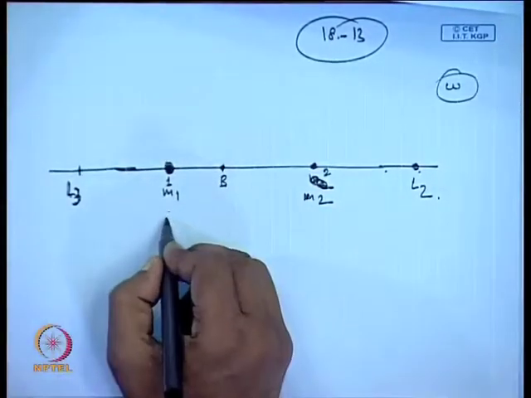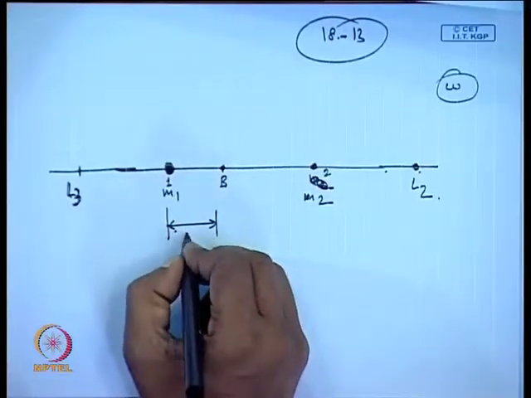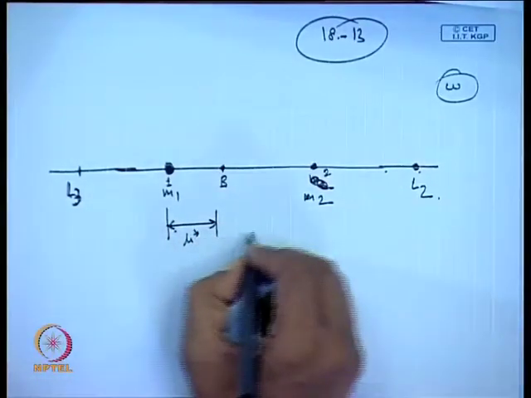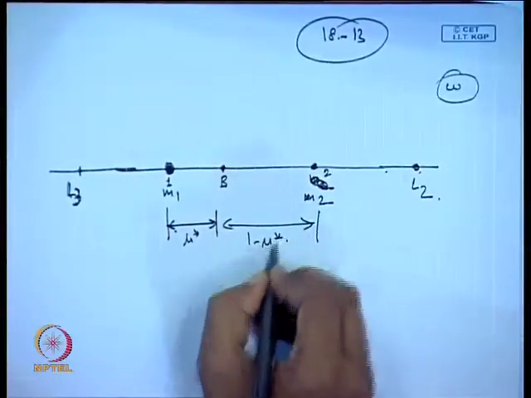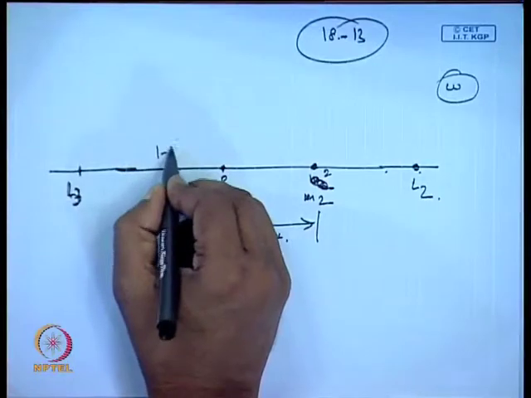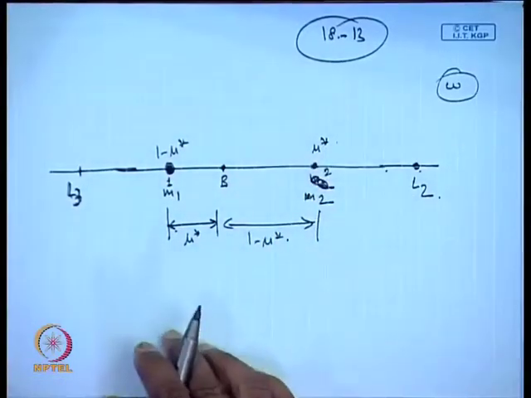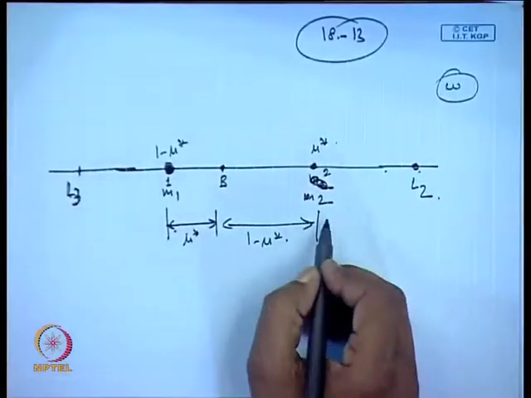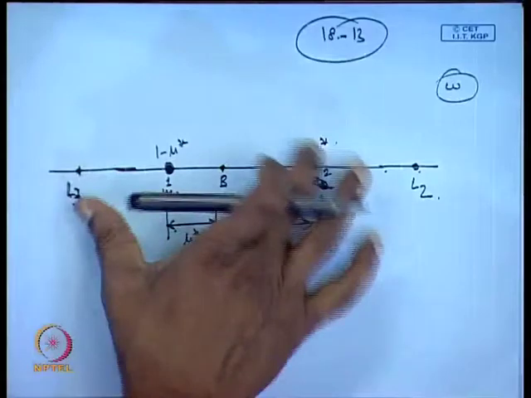Now, exactly what is happening here, look, this distance we have termed as mu star and this distance we have termed as 1 minus mu star, and this mass as 1 minus mu star and this mass as mu star. Now, what happens in reality once it is moving?